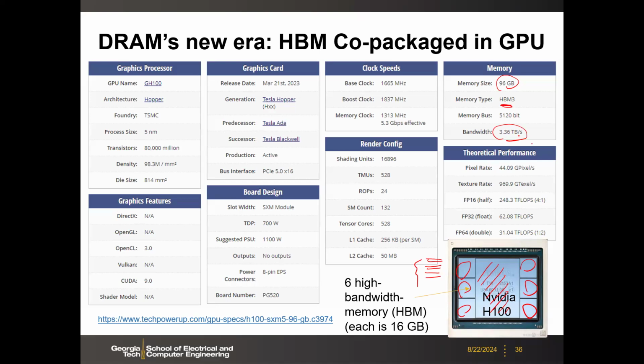That's the bandwidth you fetch the data from the DRAM to the GPU. So any questions here? We'll talk about more of those DRAMs later when we move to the DRAM section. But here is just a heads up about the latest product on the market.